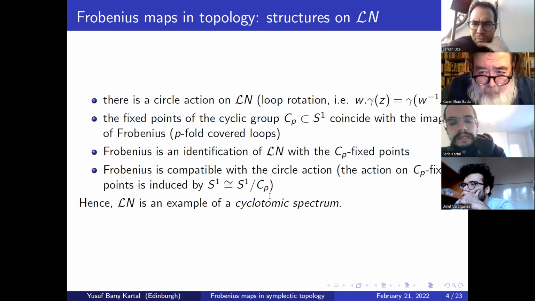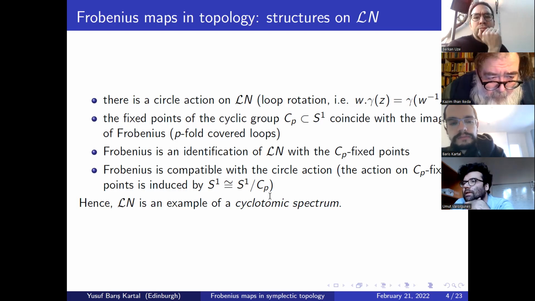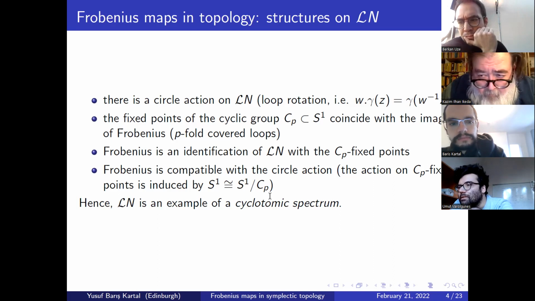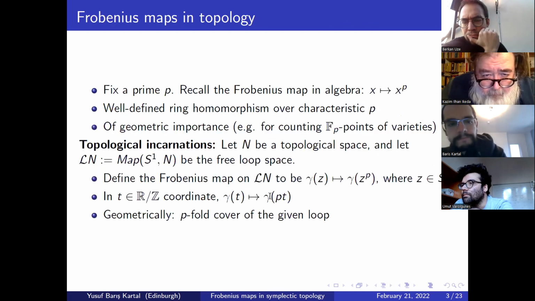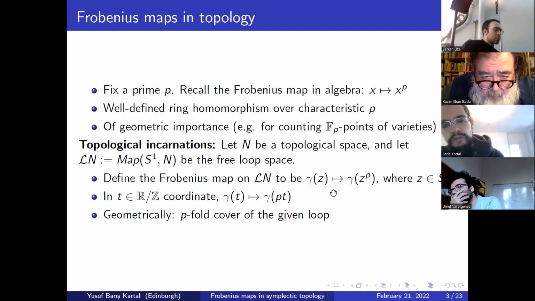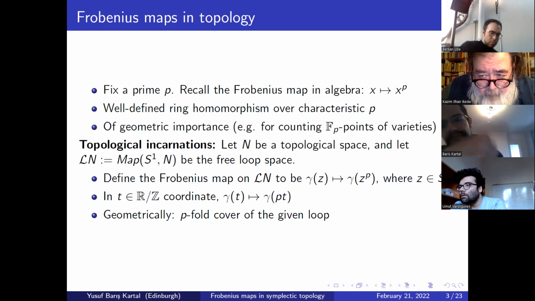Any questions so far? Yes, can you explain again what this Frobenius identification of LN with the C_p fixed points is? So what I call the Frobenius on the loop space is just the map that sends a loop to its p-fold covering, right? You have a loop, you trace the same path, but p times faster. Is this map injective?